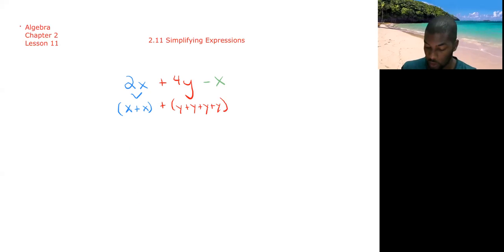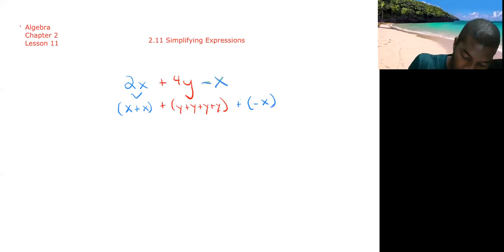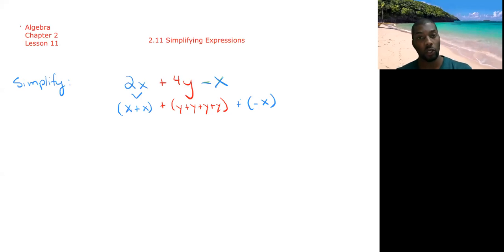Oh, but we do. I'm sorry. And this is why we go over this. The negative x is technically 1 negative x, minus an x, plus a negative x. So we do have like terms. So if I'm trying to simplify this, first I look for my like terms, which I have found there are two like terms, the 2x and the negative x.